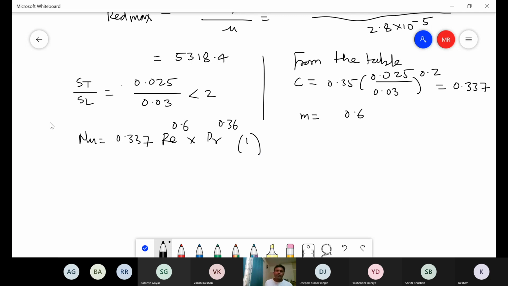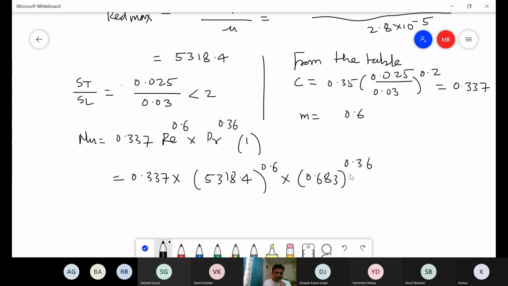So this is just 1. Okay. So 0.337 into Reynolds number, 5318.4, raised to power 0.6, into Prandtl number, 0.683, raised to the power 0.36, into 1. Calculate the value.